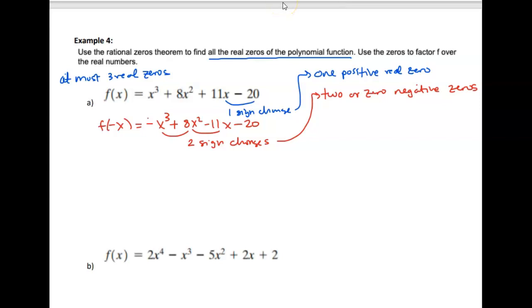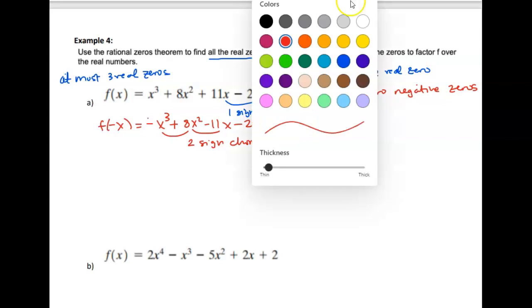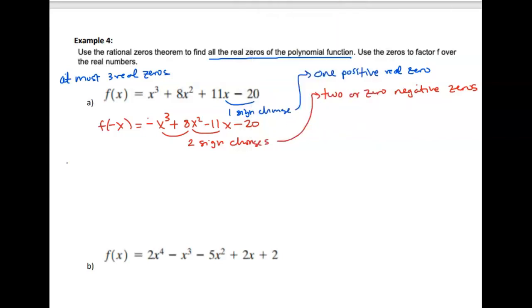Now we're going to list all the possible zeros. So we're going to do the P's and Q's. Let's look at A3 equals 1. The factors of this are plus or minus 1. And A0 equals negative 20. So the factors here are plus or minus 1 and 2 and 4 and 5 and 10 and 20.